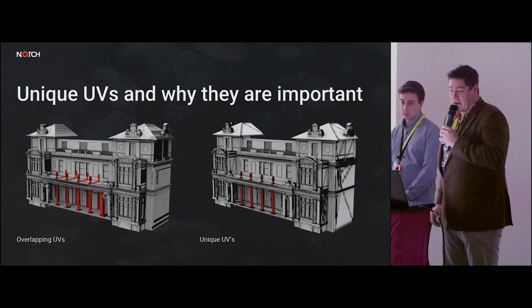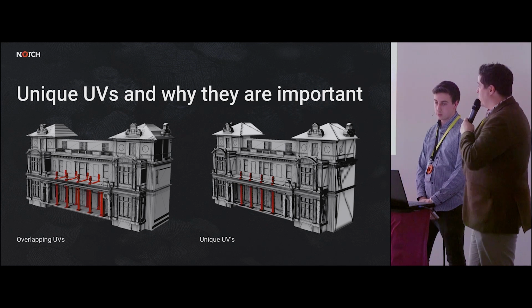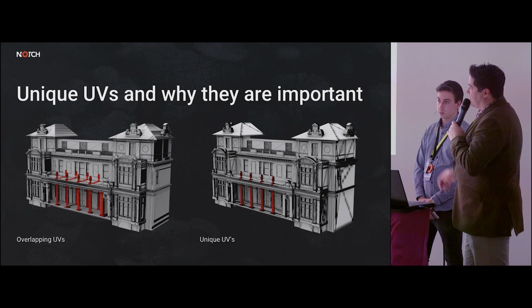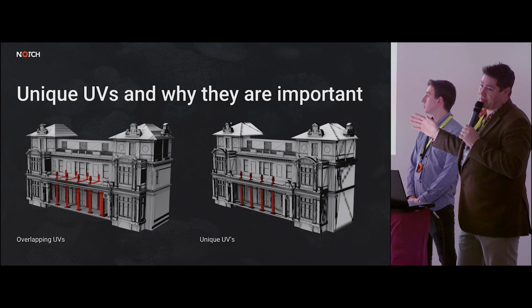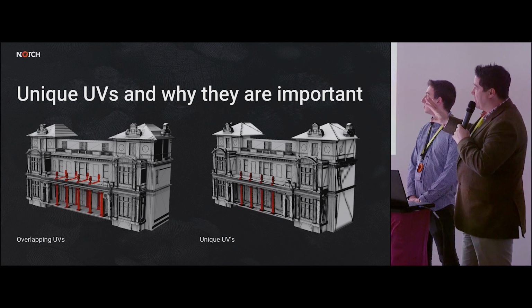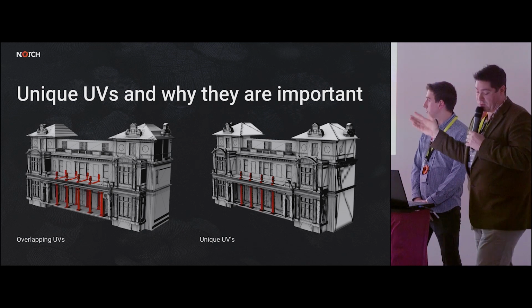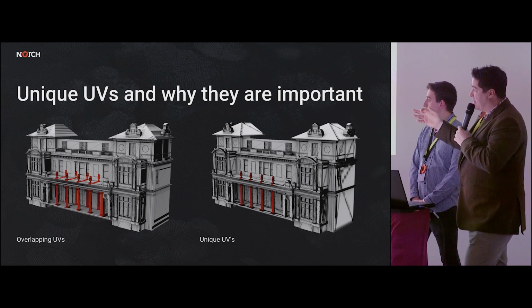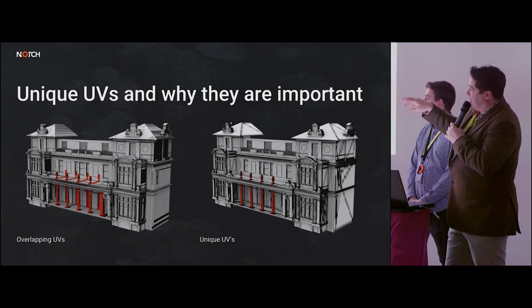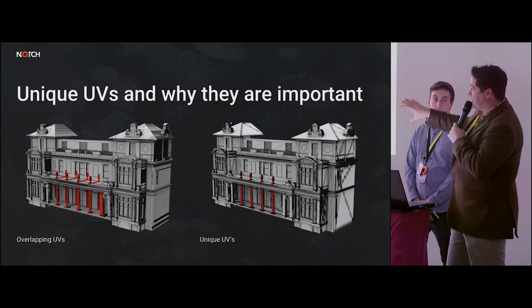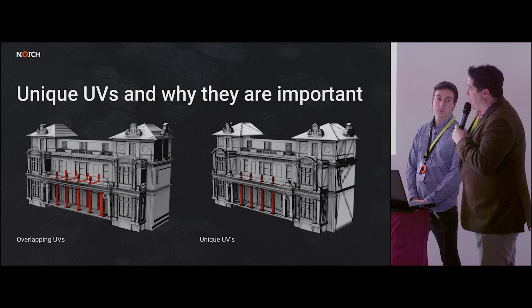So, unique UVs and why they're important. On the building on the left-hand side, I did a front planar map, which works well. You can see the UVs are pretty nice, but I also painted the pillars red. And you can see on the left-hand side that the red from the pillars is also being projected onto the building behind.